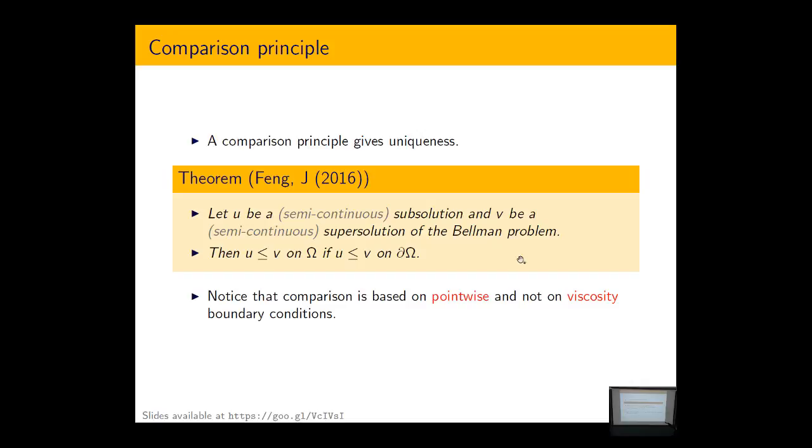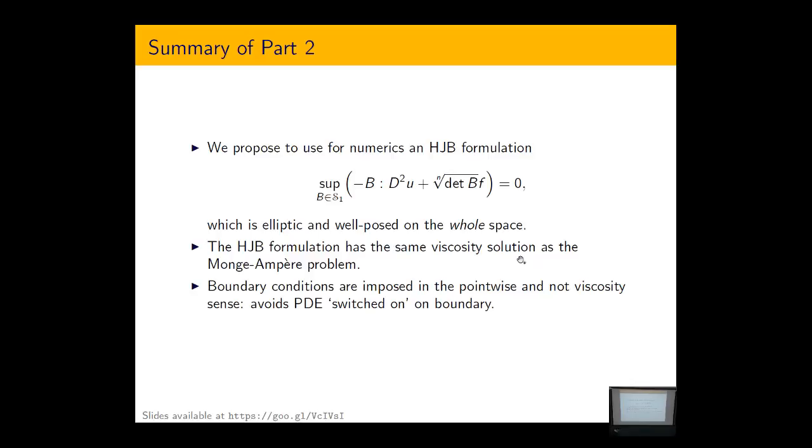And you can see maybe here already, this is again in a pointwise sense, so we give an indication of what kind of boundary condition we think is the right choice for this problem. Okay, but we have now this comparison principle, and with that we have somehow also now described the PDE setting of the Bellman problem.